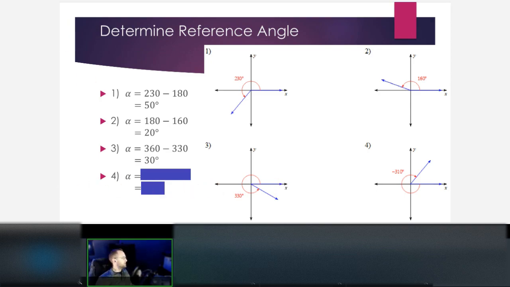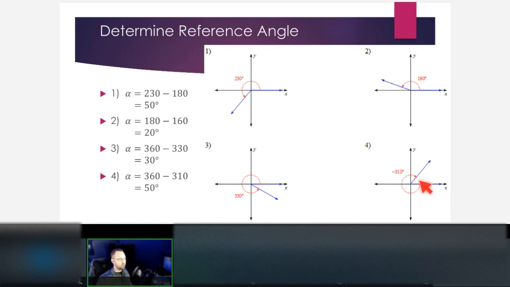So I actually like Emily's way better than what I did. I just did 360 minus 310. I just treated it as, I guess, a positive value. So I approach it from a visual standpoint, not from the formula. Looking at this, since we're going this way, 310 degrees, a full rotation would be negative 360 degrees.